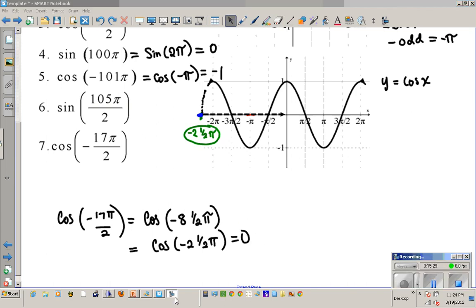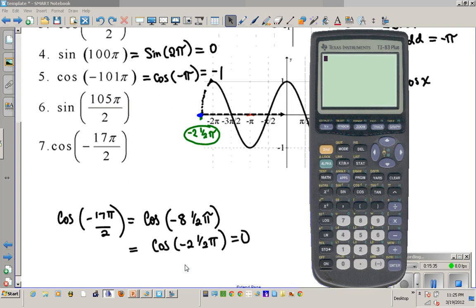Alright, we can verify our answer for this one with a calculator. This calculator cannot handle bigger values, so we can use this value right here. We're going to try cosine of negative 2.5 pi. Cosine of that is 0, as you can see our answer indicates.